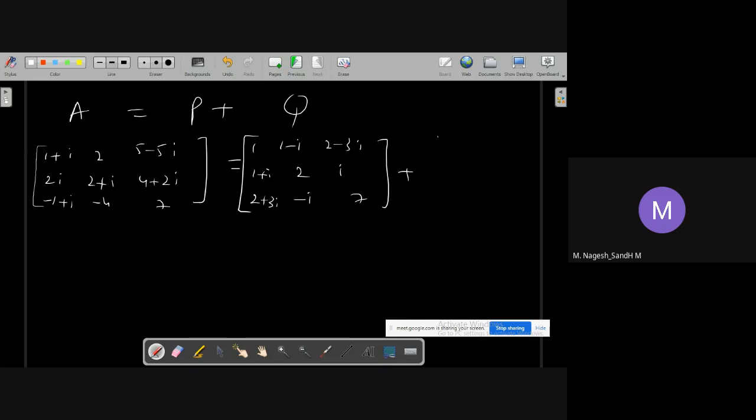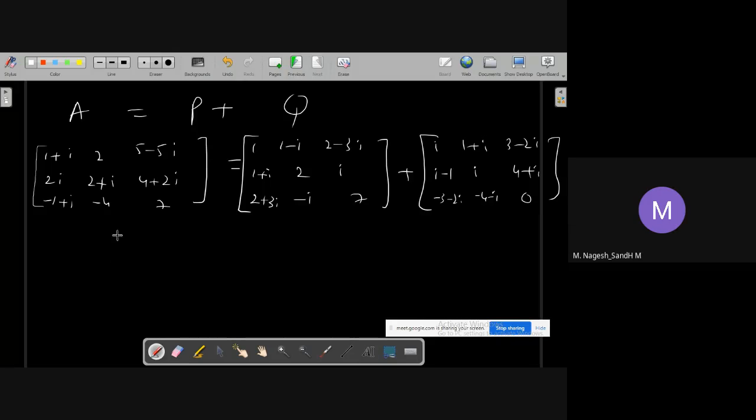What is the Q matrix? i, 1 plus i, 3 minus 2i, i minus 1, i, 4 plus i, minus 3 minus 2i, minus 4 minus i, 0.